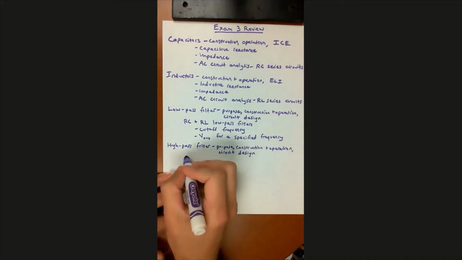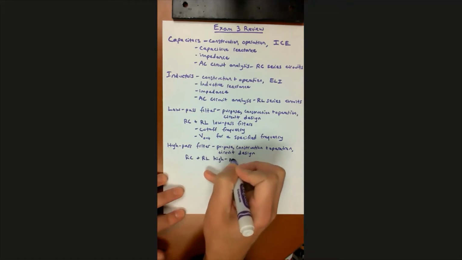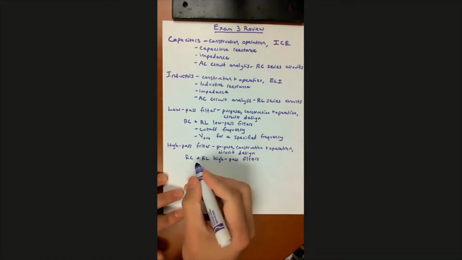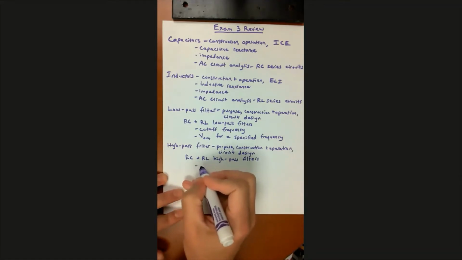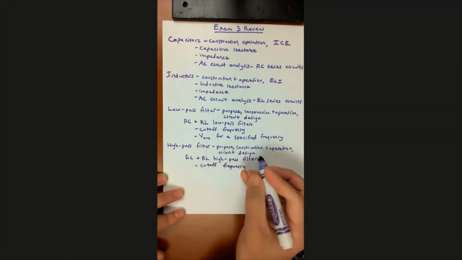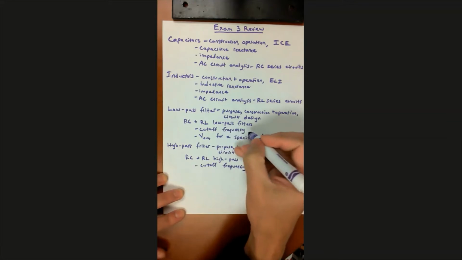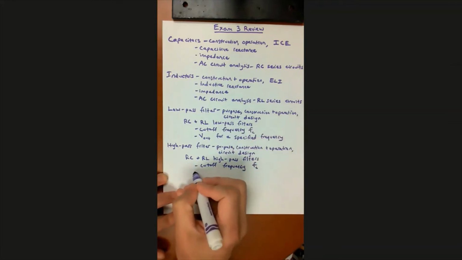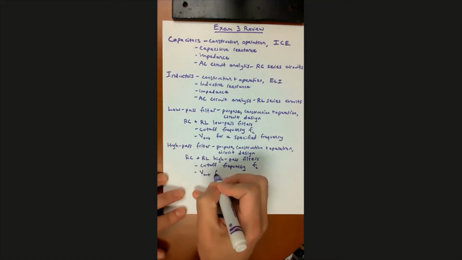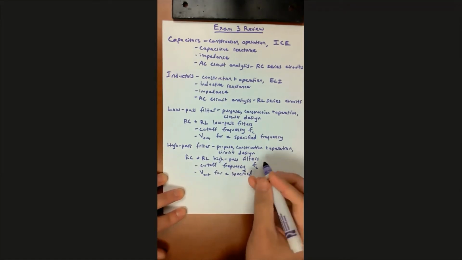And once again, we talked about both of these. We talked about RC and RL high-pass filters. And for both of these, you should be able to calculate the cutoff frequency, f sub C. Yeah, we abbreviated that f sub C. And same thing as up here, you should be able to calculate the output voltage for a specified frequency.